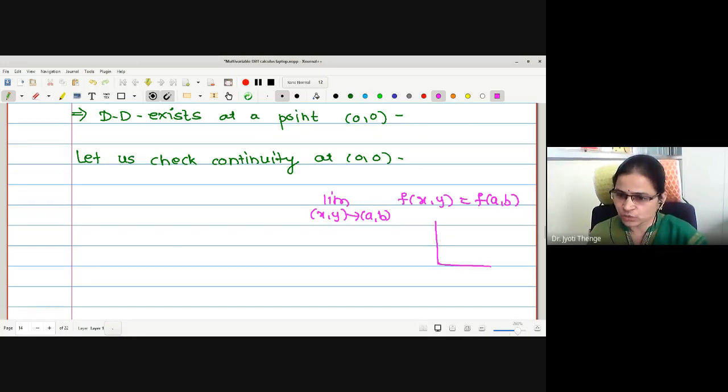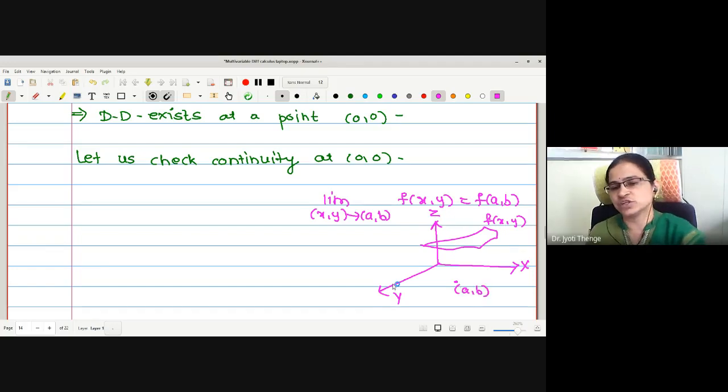Geometrically, as I told you, in a three-dimensional space with axes x, y and z, whatever your surface is, it is f of xy. At this point a, b, which is actually 0, the limit as xy tends to a, b must hold in all possible directions.